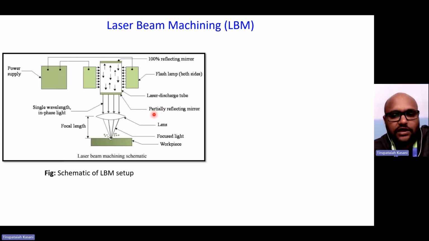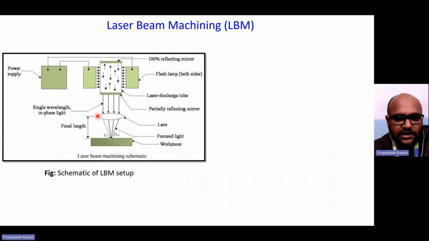That is the reason why the partially reflecting mirror is used for taking the laser beam out of the lasing medium. The laser beam is produced and transferred out, and it is concentrated using the lens. It is single wavelength, in-phase light, that is nothing but the laser.